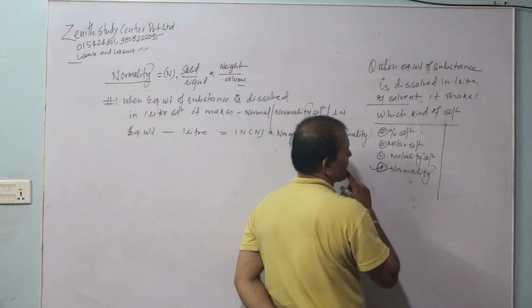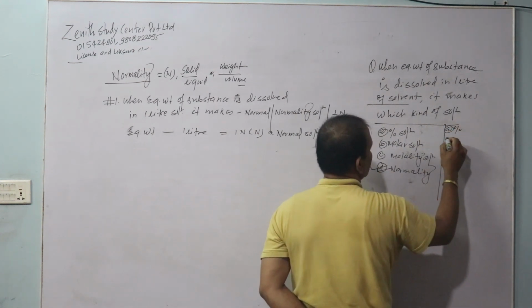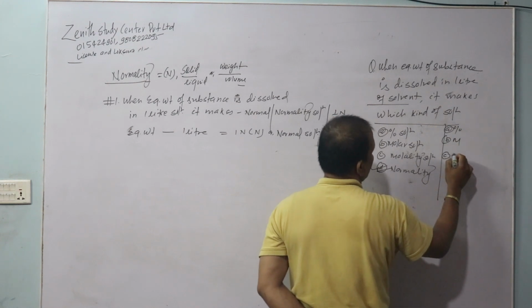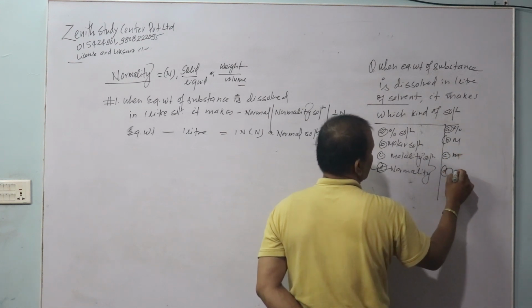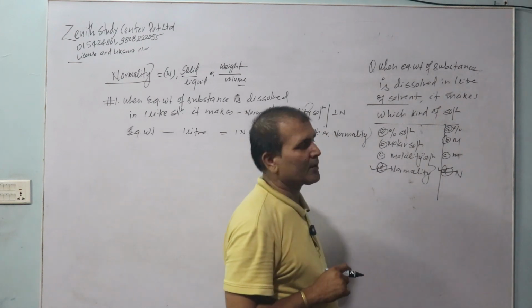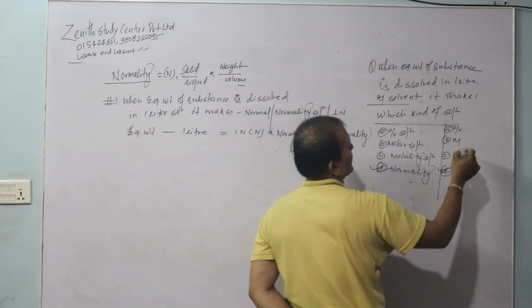If the question is the same but the options are percent solution, capital M, small m, and capital N, you can take capital N. Capital N is a normal or normality solution.